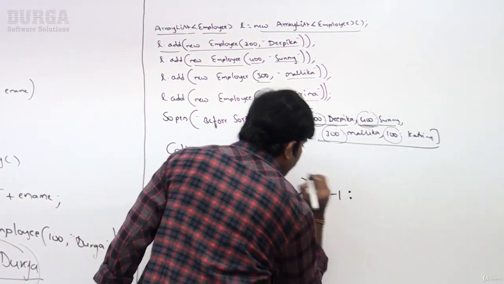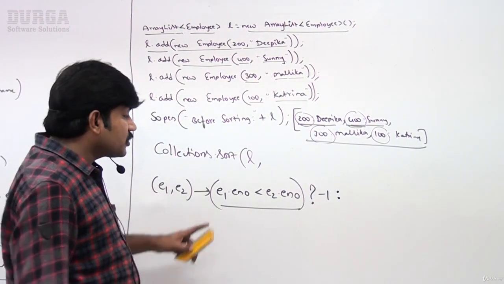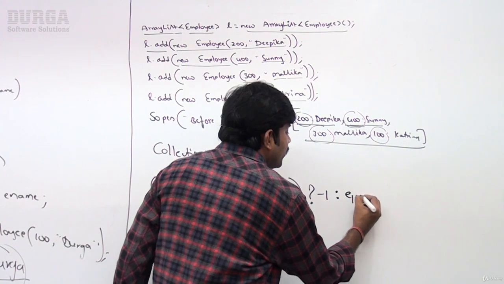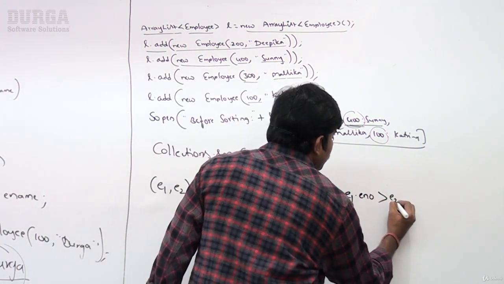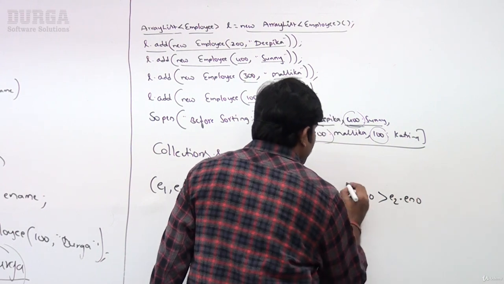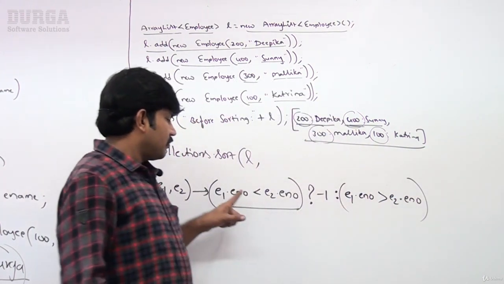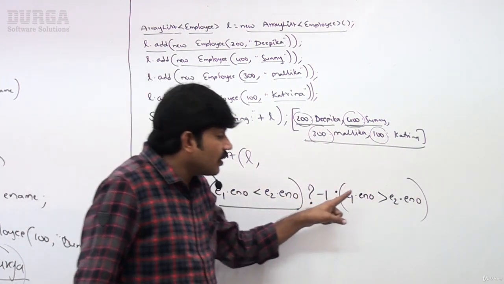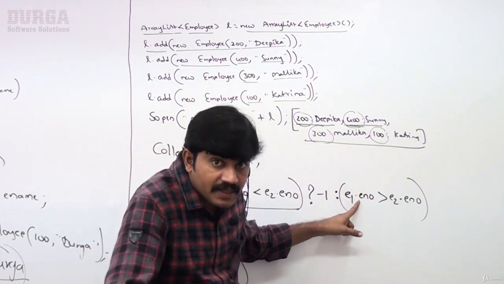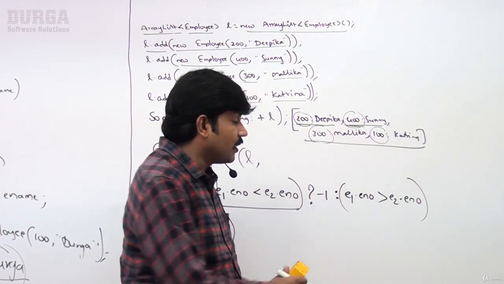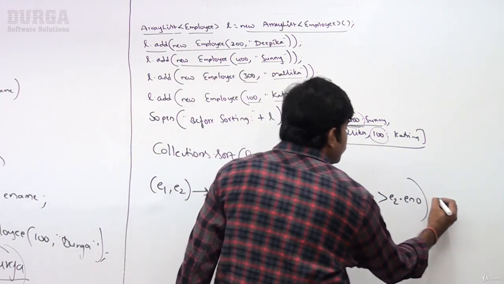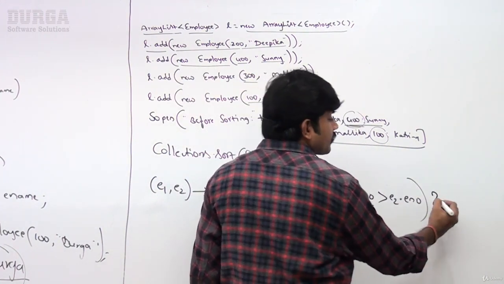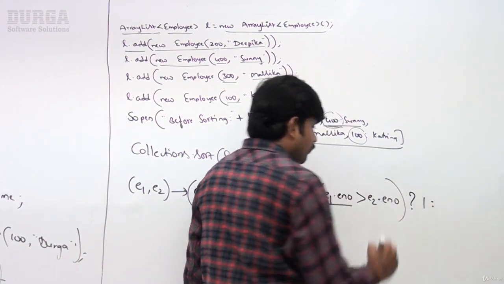Else, if the first employee number is greater than the second employee number, the greater employee should come after. That's why question mark 1, a positive number.